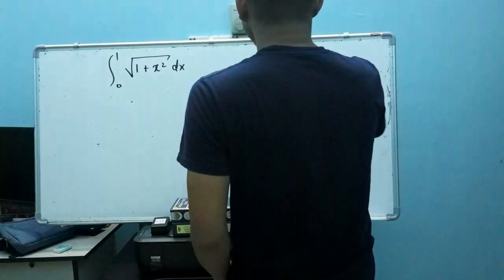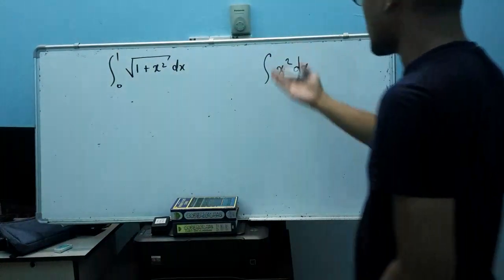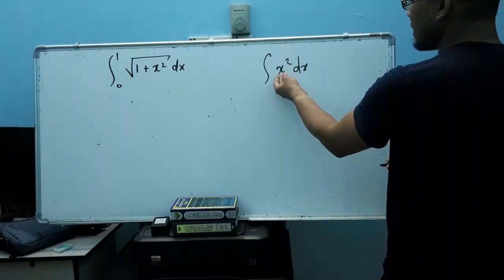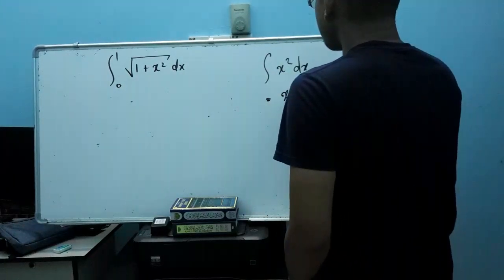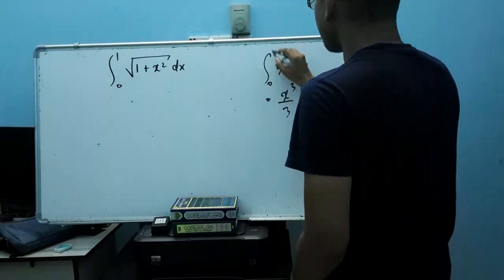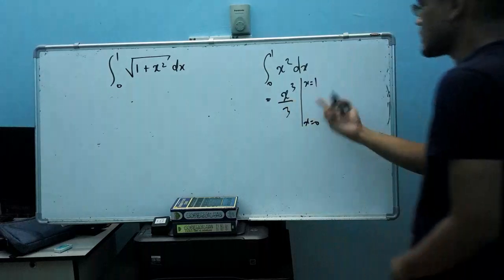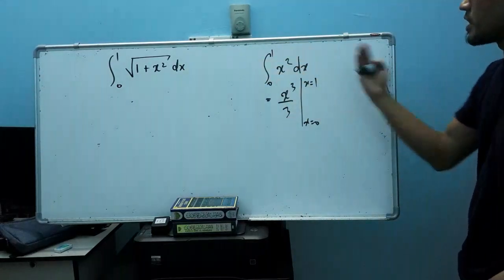For example, if I have the integration of x squared dx, this is already a well-known formula, so it equals x to the power of 3 over 3, and then you just substitute. For example, if I consider 0 to 1, you just substitute x equals 1 minus x equals 0, and then you get the answer for such an integration.